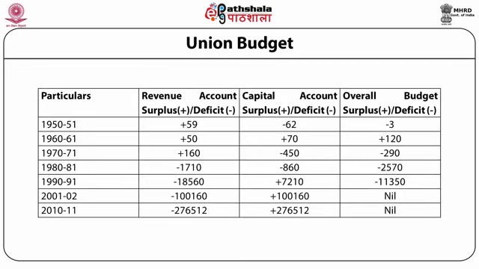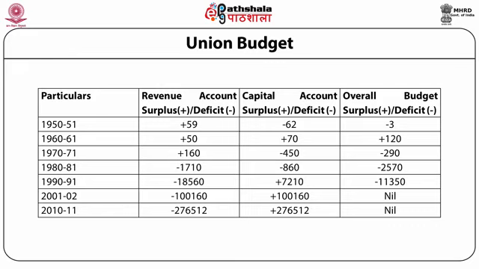As we can see, this table shows the figures related to revenue account, capital account, and overall budget deficit or surplus from the year 1950-51 up to 2010-11. We can see that initially our country was a revenue surplus country, but gradually it rose to a revenue deficit country.